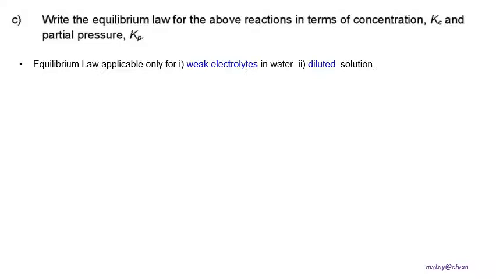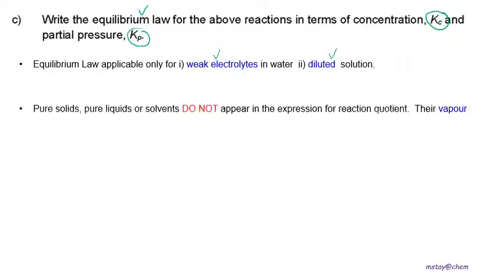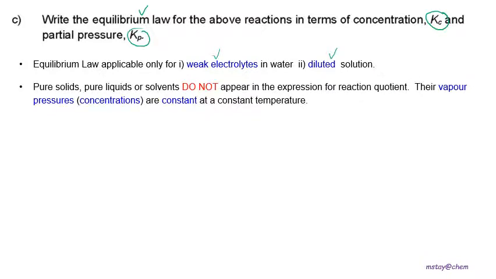Tutorial question 1c needs us to write the equilibrium law in terms of Kc and also Kp. Do remember that the equilibrium law is only applicable for weak electrolytes or dilute solutions. Always keep in mind that pure solid, pure liquid, and also solvent will not appear in the expression.